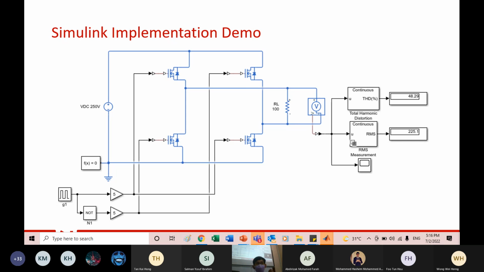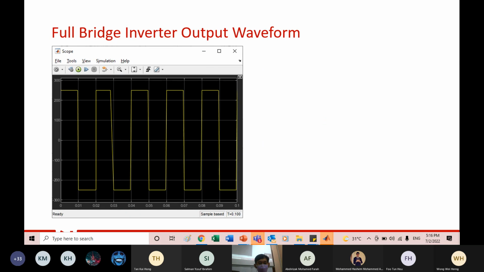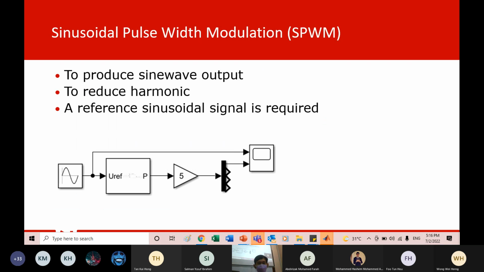So for the same, we use PWM, pulse width modulation, as a carrier frequency to modulate the sine wave. To do that, the good news is that MATLAB already has this function block for us. This function block is the PWM generator 2 level.